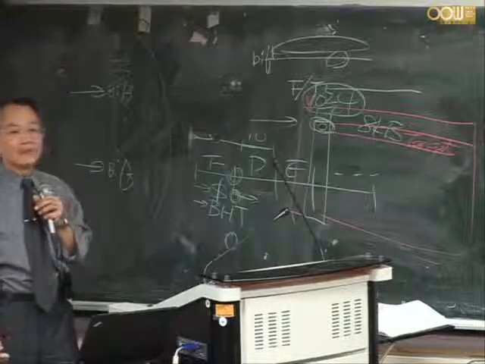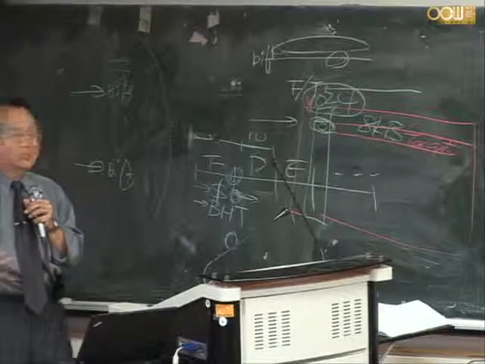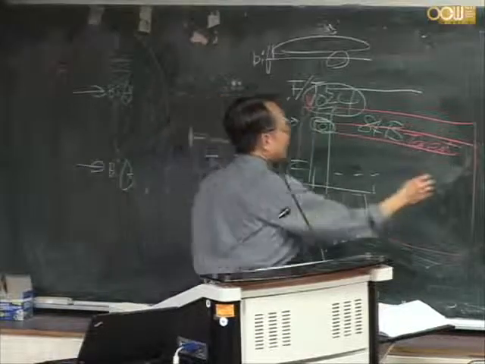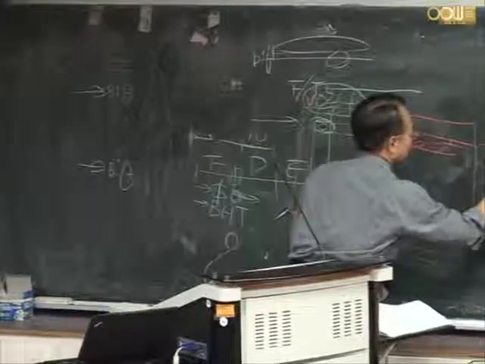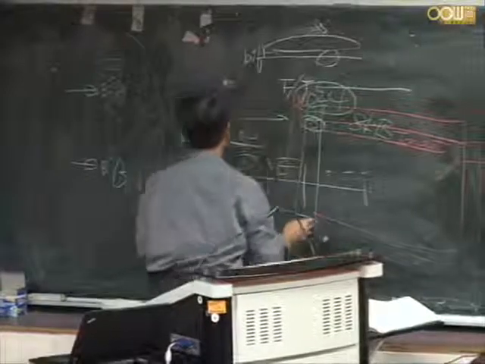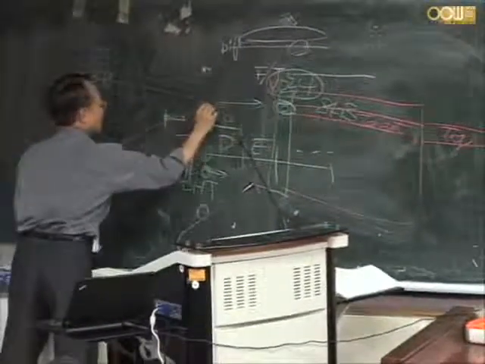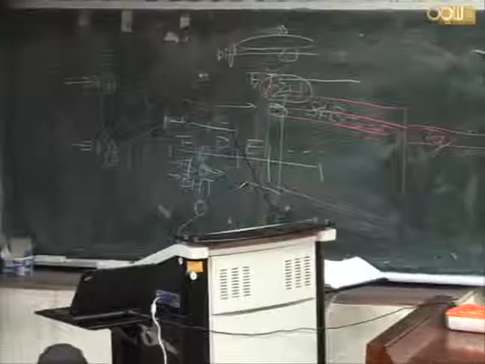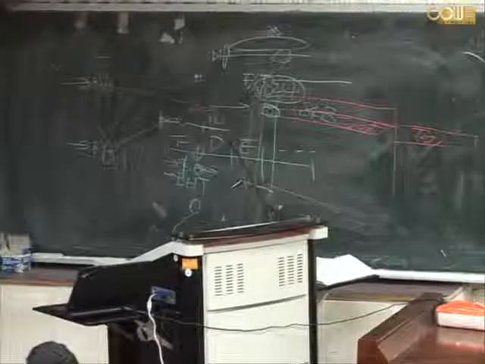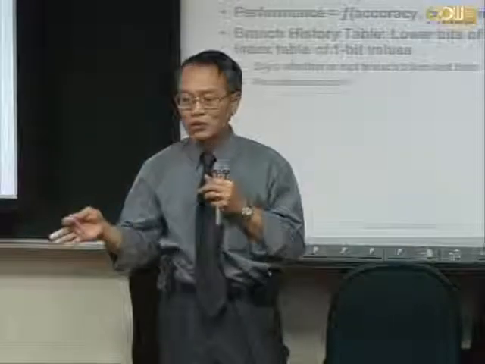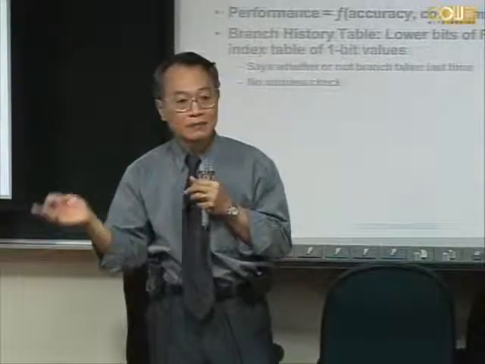Or even if I want to be more precise, maybe I also need a tag, because 2 branches may share the same entry. So I might like to know which branch this target belongs to.